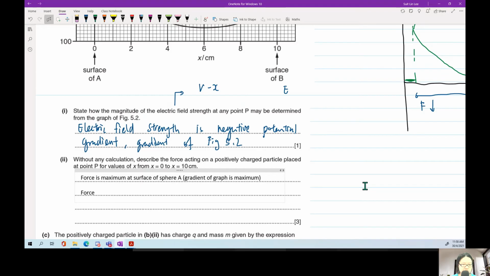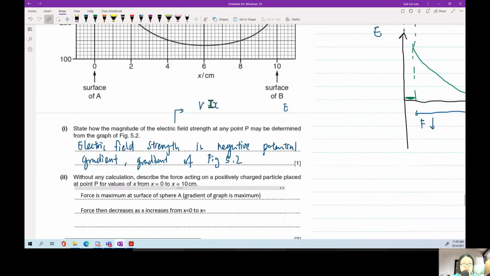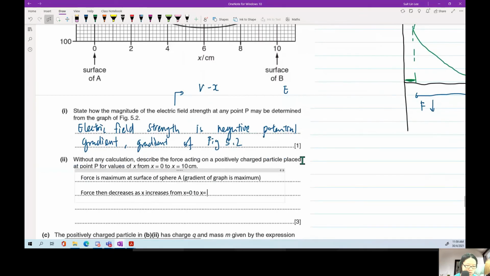The force then decreases as x increases from x equal to 0 to x equal to, where's the turning point? 6 cm, right? This is 6 cm. So from x equal to 0 to x equal to 6 cm.